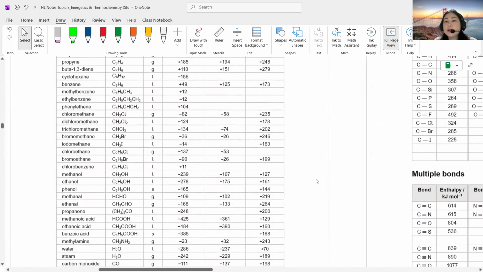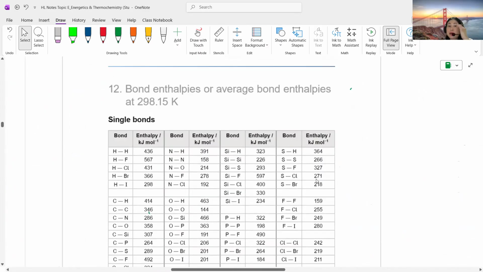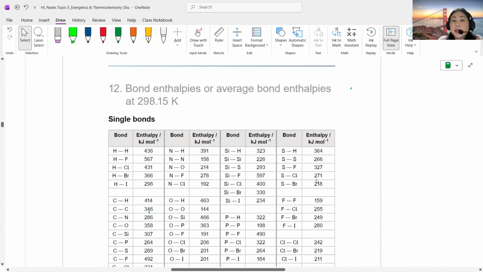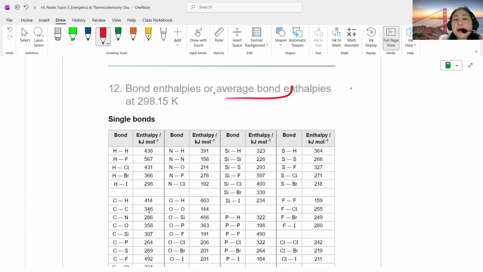So I will show you the data booklet first. So this is table 12 of the data booklet. Now, one thing about bond energy is that most of the values in table 12 are average values. What do you mean by average values? That means they look at the same bond in many different compounds and take the values and average them. So, for example, a CH bond.